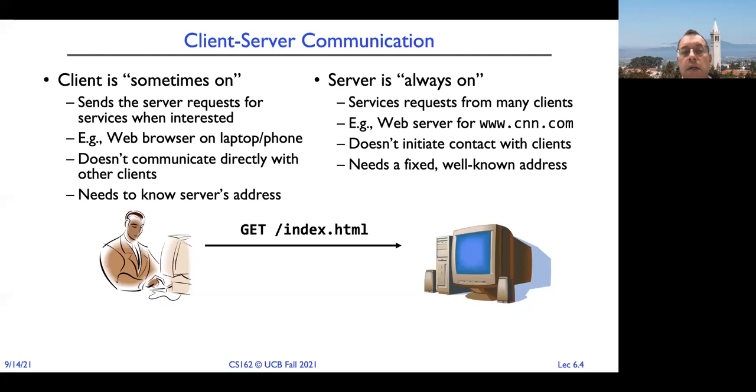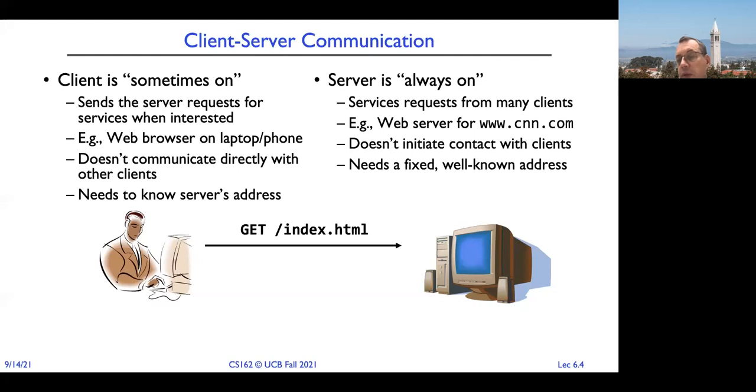Now, the server is typically always on. It always has to be ready to receive requests and answer them. On the other hand, the client is not always on. Your phone, your computer, your laptop is not always on. Most of the time it's actually off.